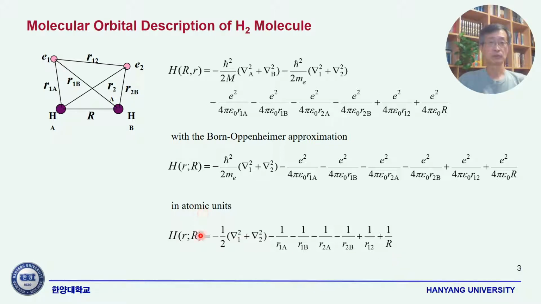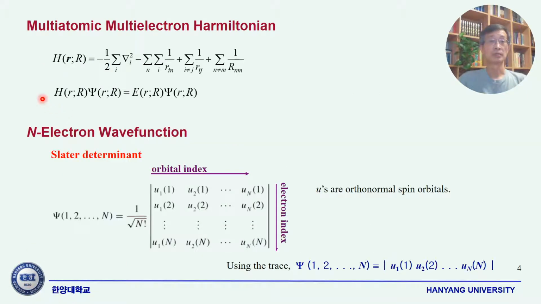So in atomic units, our Hamiltonian is this, and basically this is just a 2 electron problem. The N electron and M nuclei problem is general for molecules, and can be solved in such a way that the multi-atomic, multi-electron Hamiltonian is given this way.